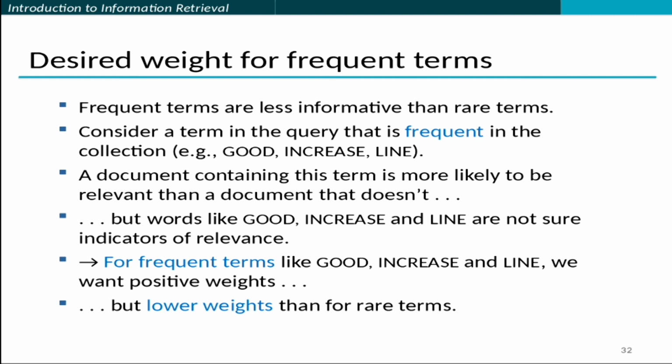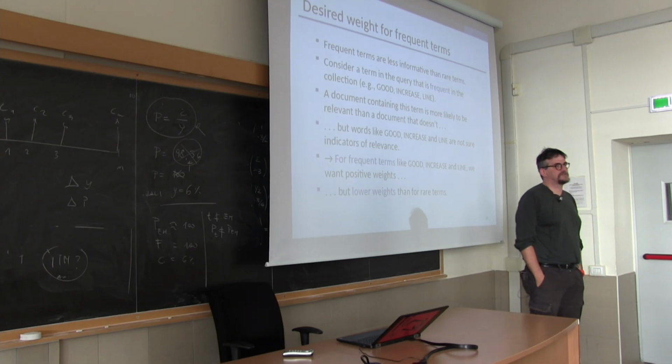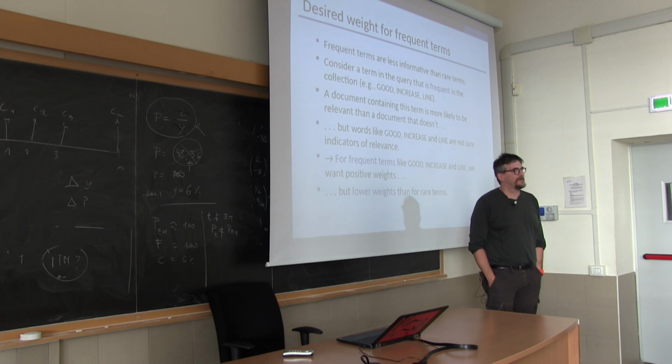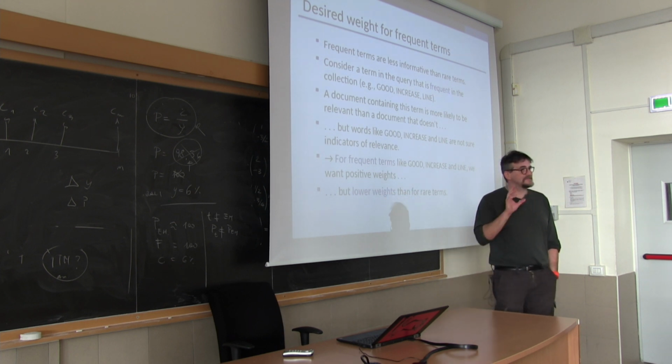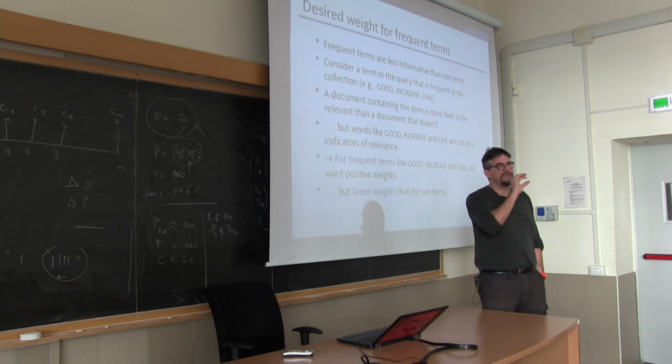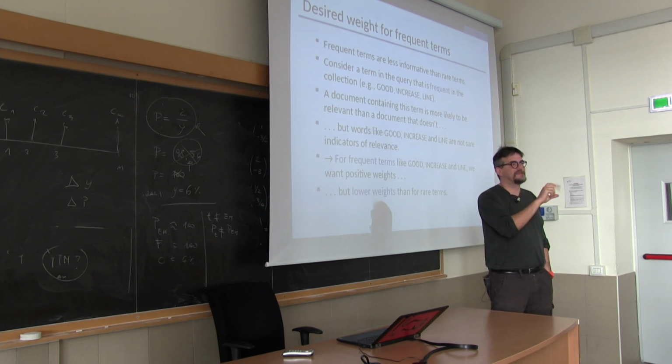Again, this is the same observation we made before. We would like to have a scoring system that takes into consideration also the term frequency. Indeed, if you remember, the title of this section is TF, term frequency, IDF.